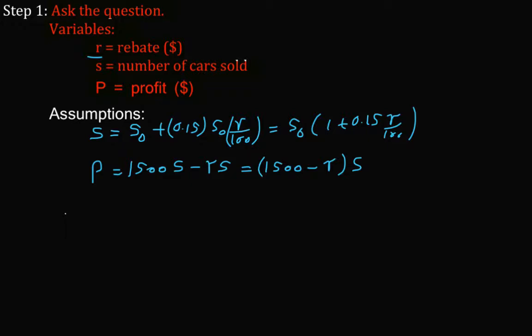So very clearly S is greater than or equal to 0. It can be 0 or greater than 0. And R, the rebate, can be 0 or greater than 0, maybe 1500 or less than 1500.